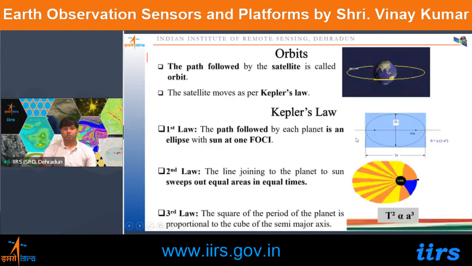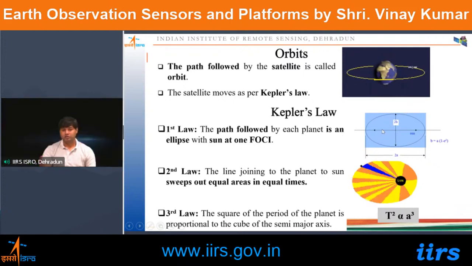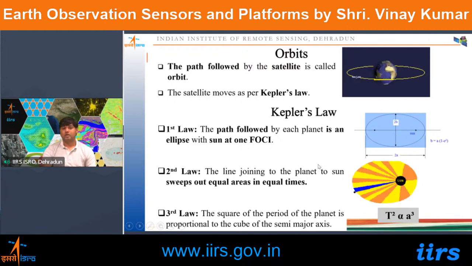Now coming to the orbit. Normally the path followed by the satellite is called orbit, and the satellite moves as per Kepler's laws. Whatever satellites are launched, they follow these 3 Kepler's laws. The first law: the path followed by each planet is an ellipse, where the sun is one of the foci. The second law: the line joining the planet to the sun sweeps out equal areas in equal intervals of time.